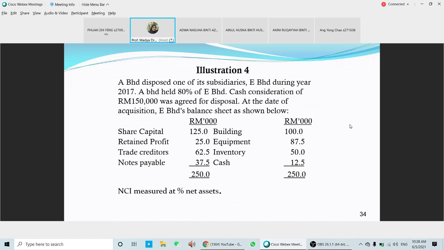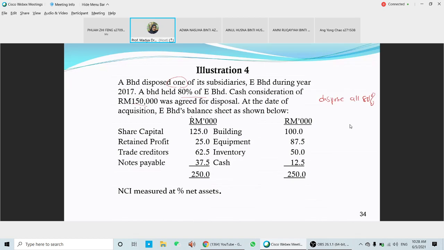Try to look at these examples. Example 4 here. For this example 4, A Berhad disposed of one of its subsidiaries, E, during 2010, and A has 80% in E. Disposing of one means that they dispose of all. The cash consideration agreed was 150 for the disposal.